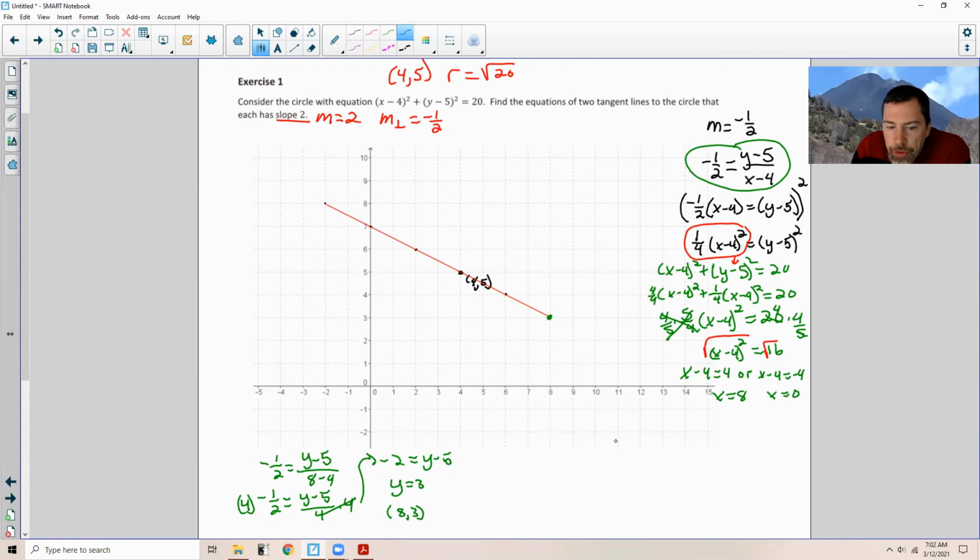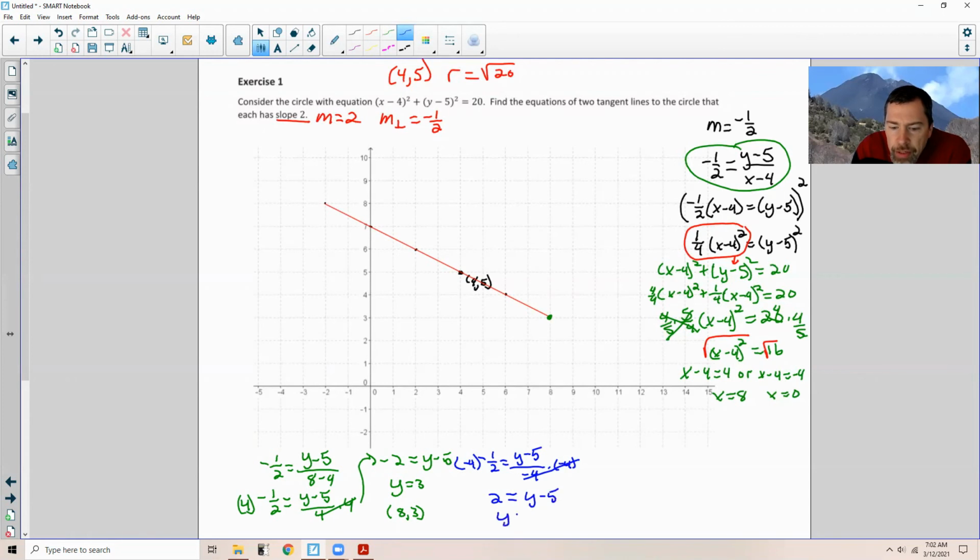So now we're doing x equals 0. Negative 1/2 equals y minus 5 divided by 0 minus 4, which is negative 4. Multiply both sides by negative 4. And a negative times a negative is positive, and half of 4 is 2. These 4's cancel, and we get y minus 5 equals 2.